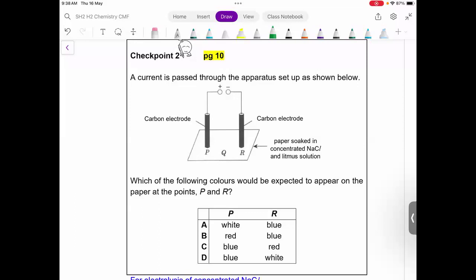Even if it's concentrated, there's still water. When I talk about concentration, concentrated sodium chloride is just higher than 1 mole per dm cube. How much higher, I'm not sure, but it's definitely more than 1 mole per dm cube.